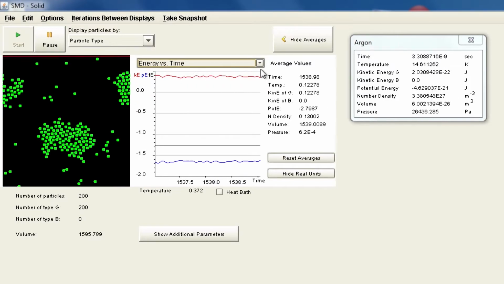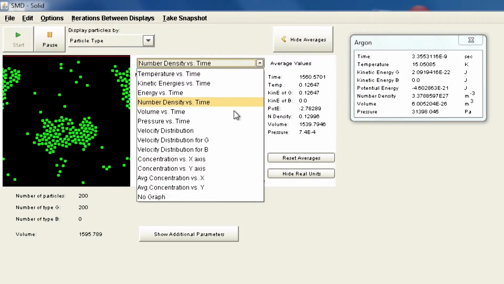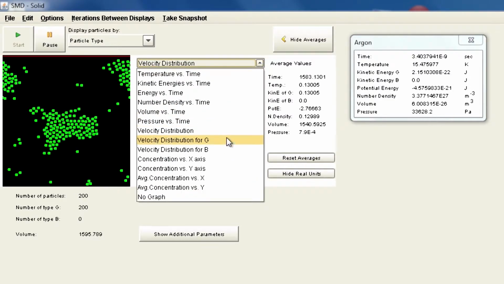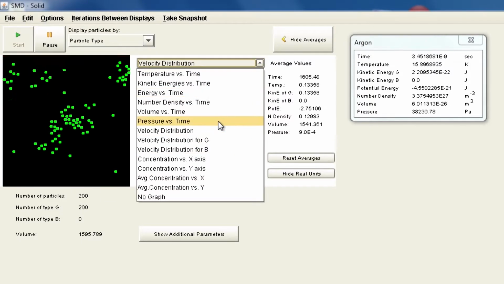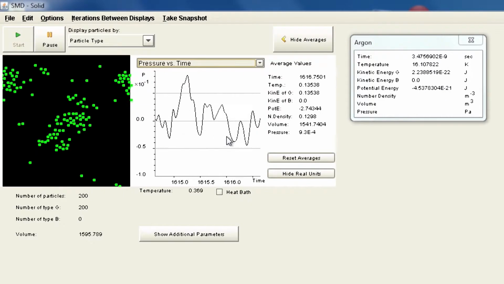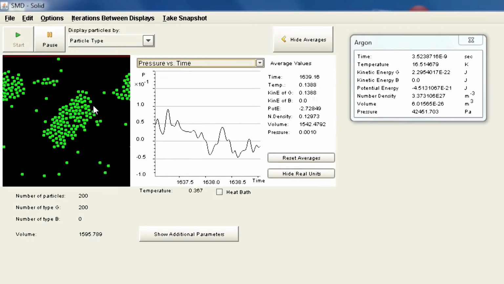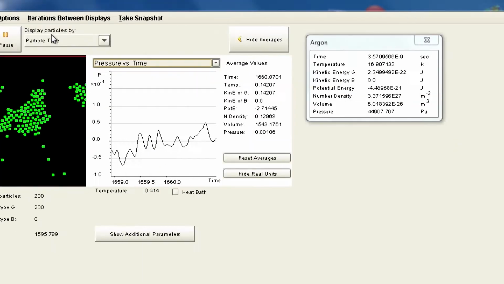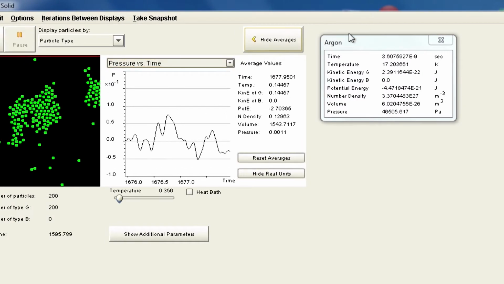Again, you can see the summation is constant, number density is constant, and velocity distribution is constant around the central value. Then we go to pressure, which is now fluctuating and becoming gaseous, because you can see there is some local order and disorder. These are the average properties that you are looking at. Let me stop it. This is how we are doing time average.